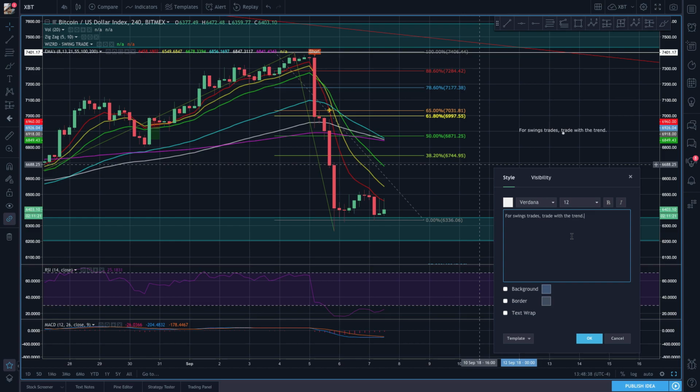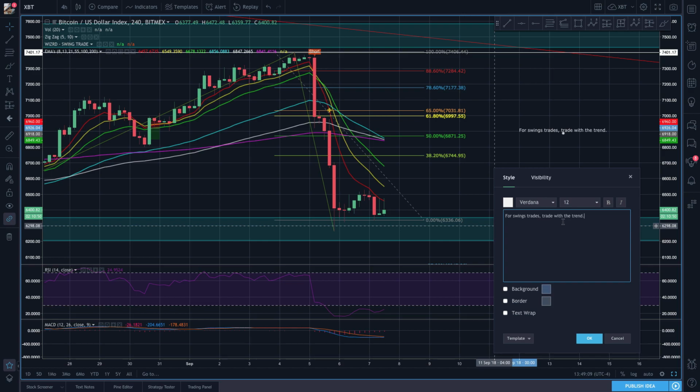Shorting is riskier, but it is another way for you to profit off of the downtrends, instead of simply selling out and then buying back in when it dips. You could look at the trend and then short on the downtrend, right? This is for swing trades that could last a couple days, maybe a couple weeks if you want to hold it and not really look at it too much, or longer, who knows?